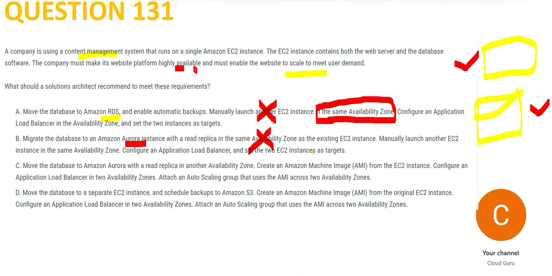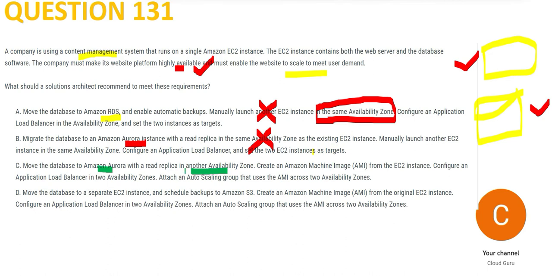You want high availability. Now option C looks good. Why? Because it says I will go to another AZ, which is fantastic. Second, it makes use of Aurora, which is better than RDS. Third, it is highly available. Why?